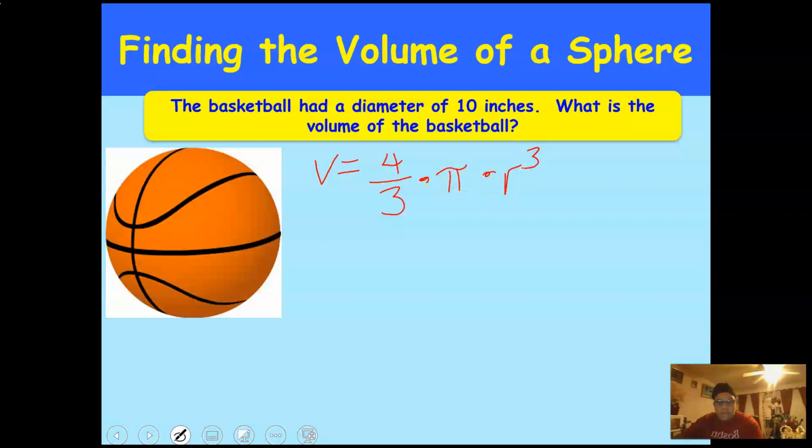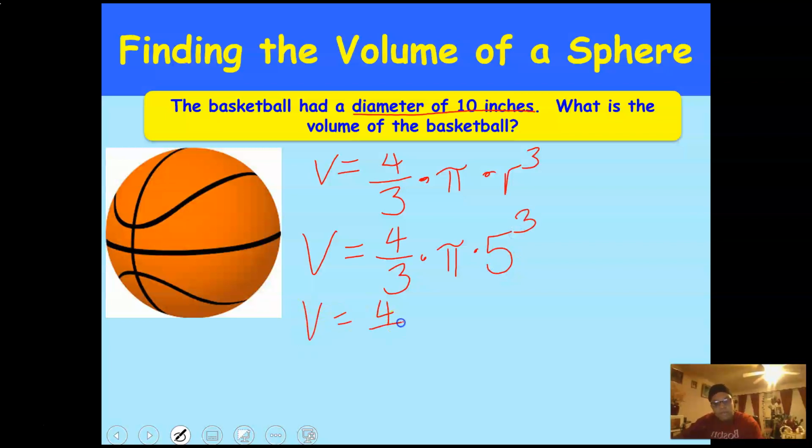Here we got a diameter again, so we know the radius is 5. So we're going to say V equals 4/3 times pi times 5 cubed.